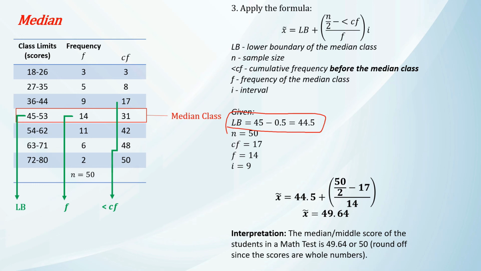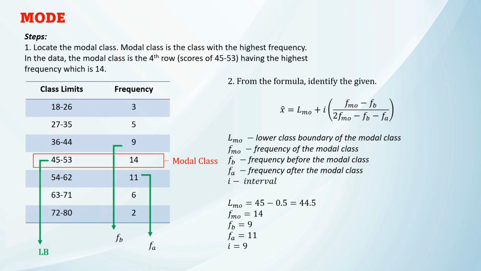Okay? So, next, let's have the mode. To find the mode, the first step is you are going to locate the modal class. It is easier to locate the modal class, unlike the median class. In the median class, you are going to use the formula n over 2 to get the median class.